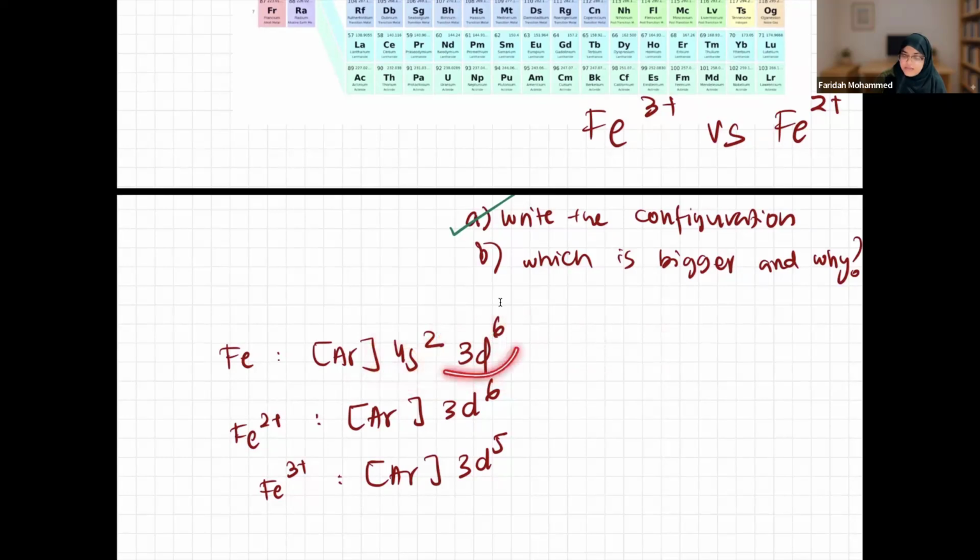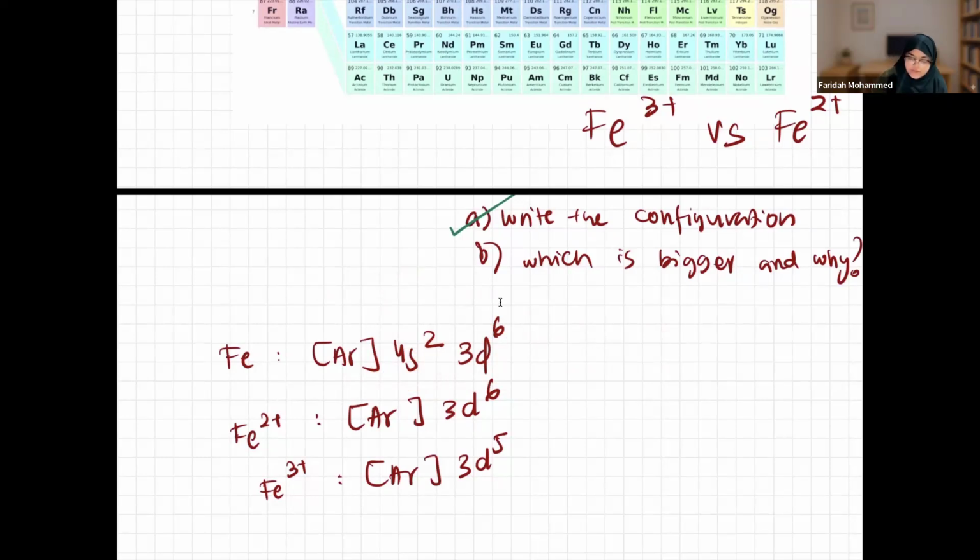That's why 3d comes later than 4s. When we put in electrons, we put in based on the energy. But when we take out, it's based on which one is farther away from the nucleus.